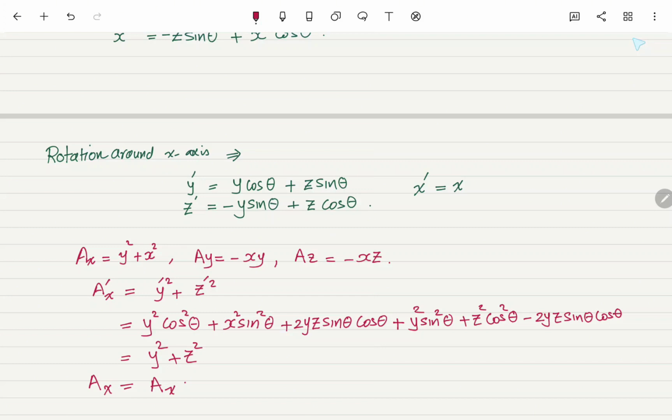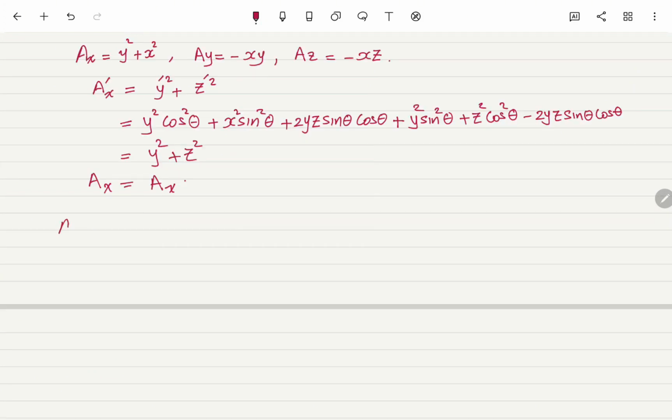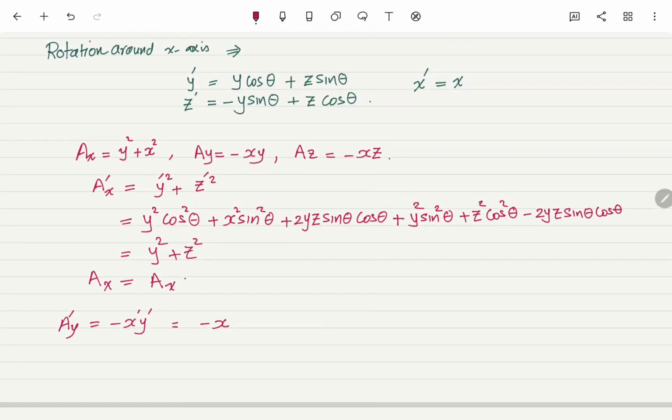However, we're not done yet. Now, ay prime equal to minus x prime y prime. You just substitute by x and y in this case here. So it's equal to minus x. Remember, around the x-axis, x prime is x. So we just substitute by x, and y prime is y prime right here.